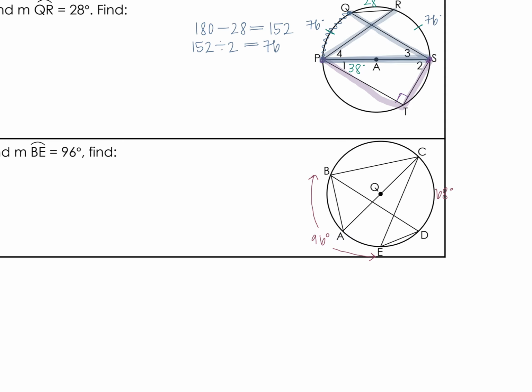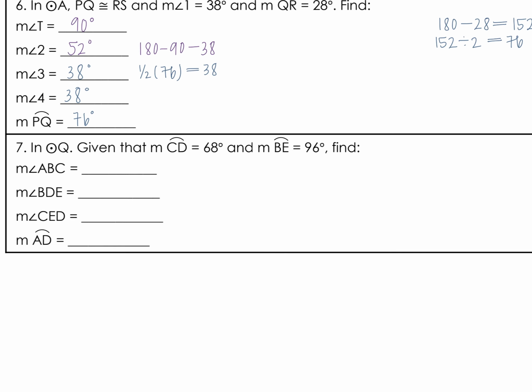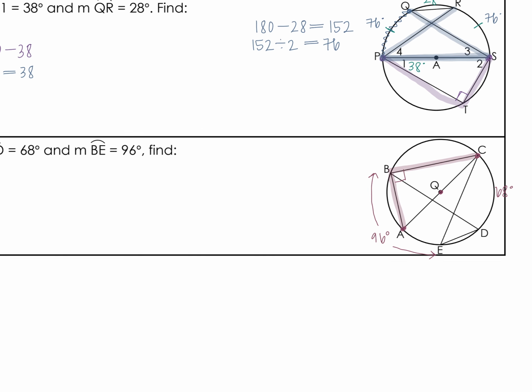So starting at A to B and then to C, we notice that my endpoints are along a diameter. AC is a diameter, since we have that going through my center Q. And so this is just going to be 90 degrees. Then we have that the measure of angle BDE is what we're trying to find.